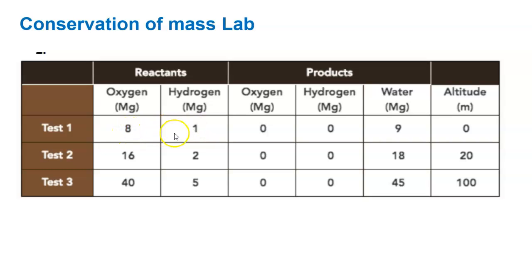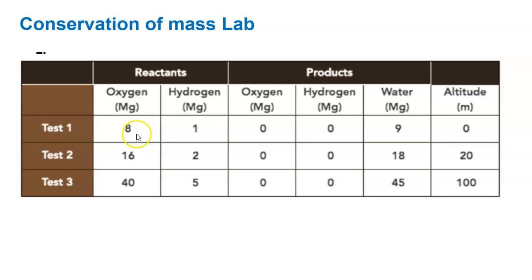And notice here that 8 plus 1 equals 9, right? So those two things combined created 9 grams of water. Notice that there was no oxygen and no hydrogen left behind, right? So this is the reactant and this is the product. This was not enough fuel. Even though it produced energy, it wasn't enough energy. Again, a rocket is very heavy, it requires a large amount of energy to propel it.